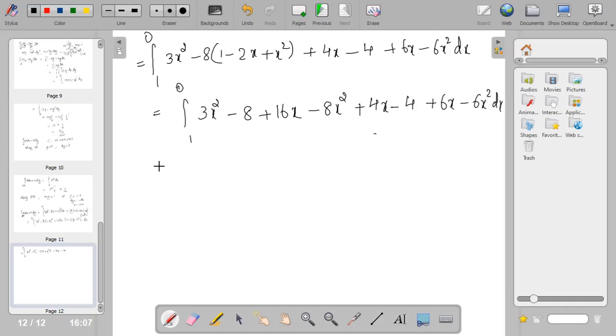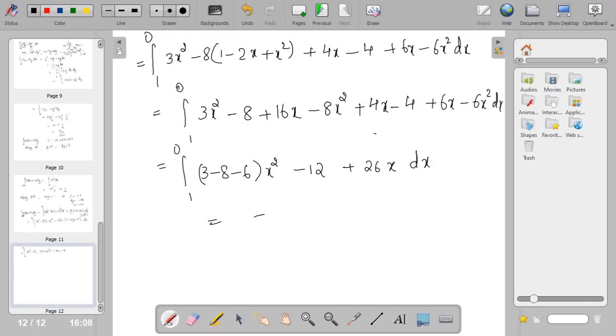Write in this form. So that is integral 1 to 0, 3 minus 8 minus 6x square, then minus 12, then 26x dx.